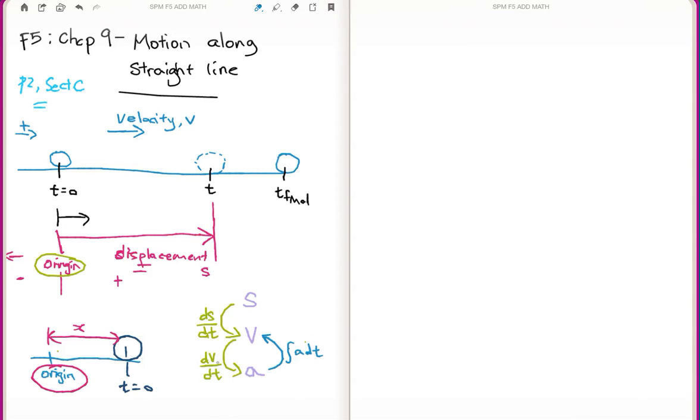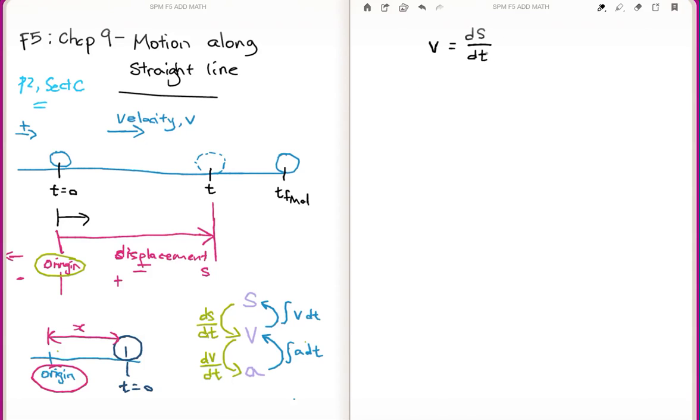You want to get v, bring it up. The same goes if you want to get displacement from velocity: all you need to do is integrate v dt. Why is it so? Maybe I can show you here. As we defined, v is actually ds over dt. Velocity is the rate of change of displacement.